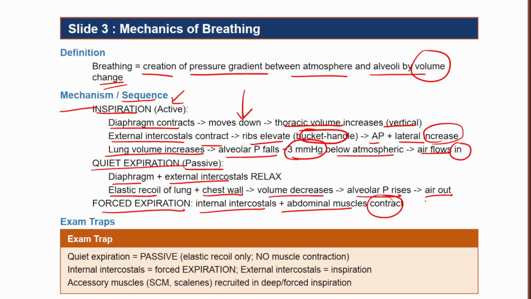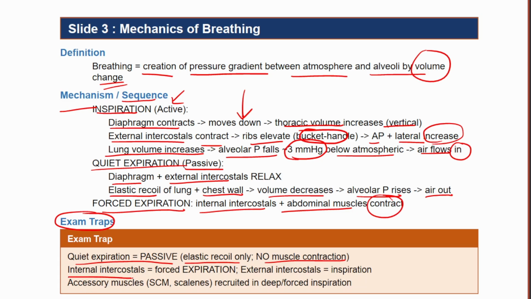Pay extremely close attention to these specific exam traps. A favorite trap is confusing the active and passive states. Remember that quiet expiration is purely passive, driven by elastic recoil only, with absolutely no muscle contraction involved. Do not swap your intercostals.